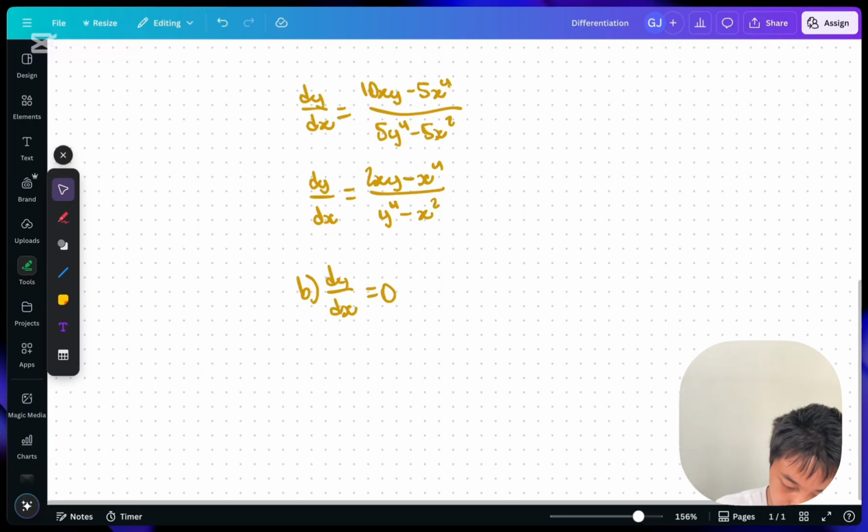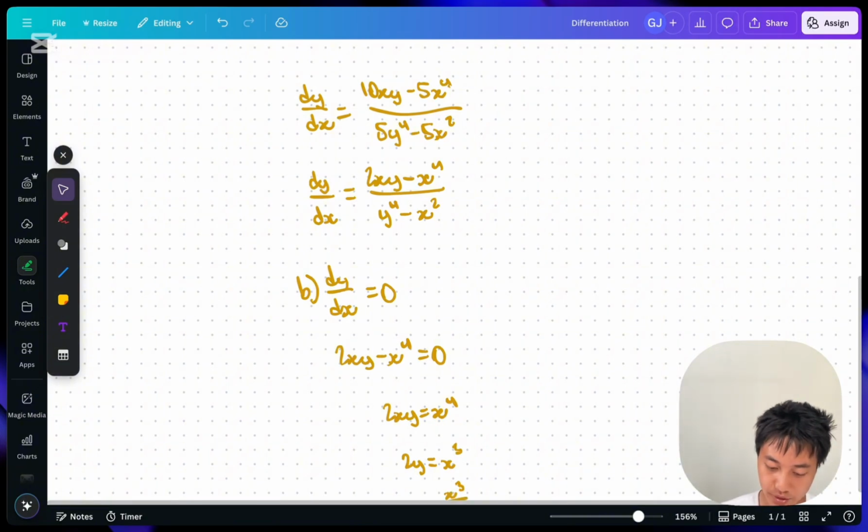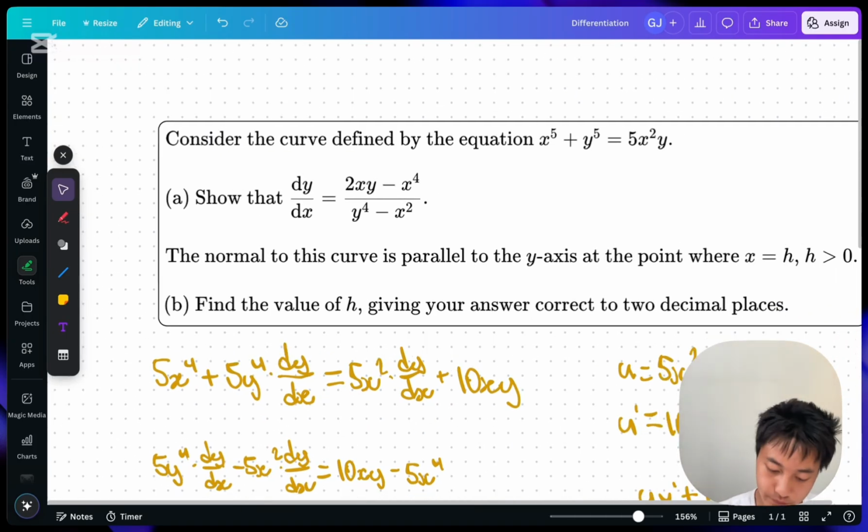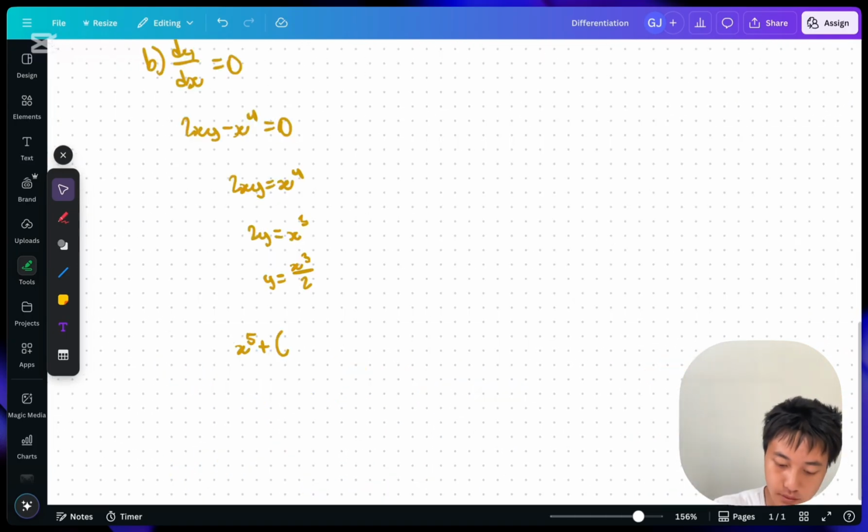So 2xy minus x to the fourth, this is basically 0. So 2xy equals x to the fourth, and 2y equals x to the third, and y is x to the third over 2. And now we can just substitute this in the original function, so y to the fifth is x to the third over 2 to the fifth.